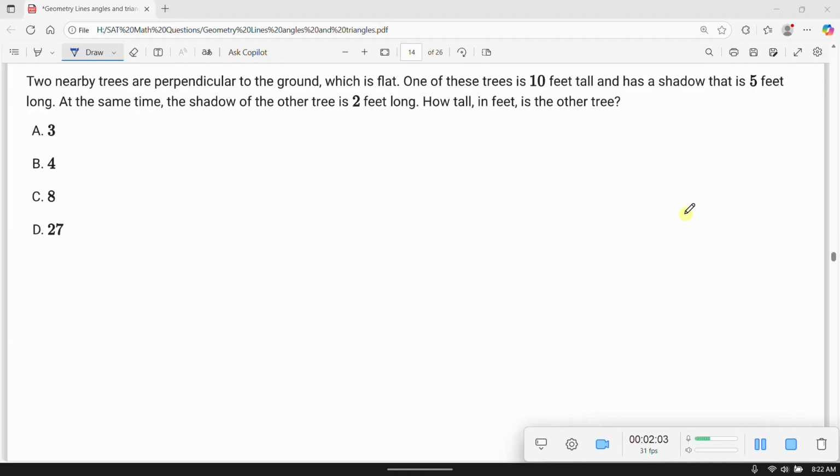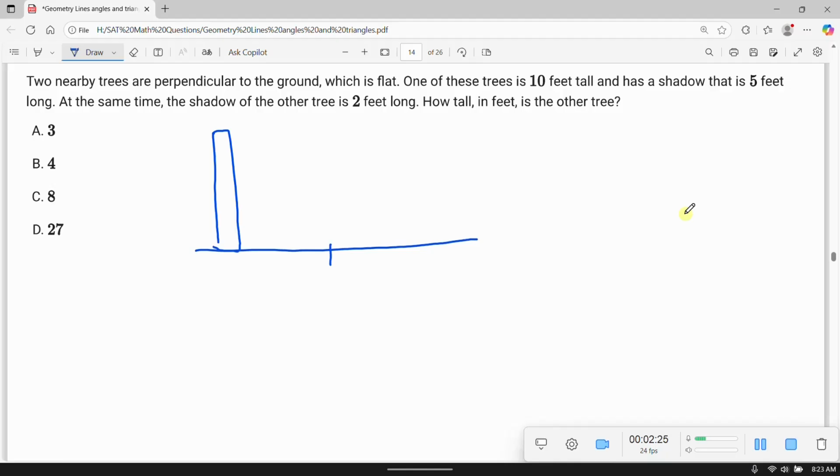So again, I'm going to sketch the story from the problem. They say the tree is 10 feet tall, so we're just going to draw the tree. And then the shadow, so the shadow is 5 feet.